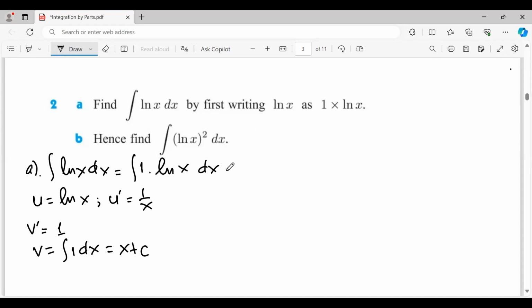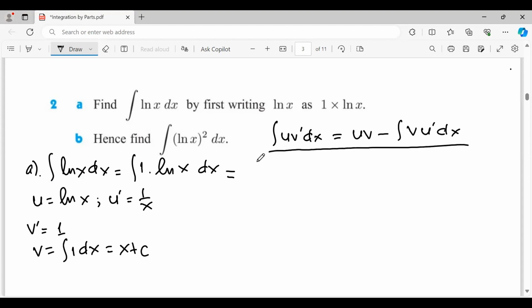Based on the formula that integral u derivative v dx equals u times v minus integral v derivative u dx. This is the formula.